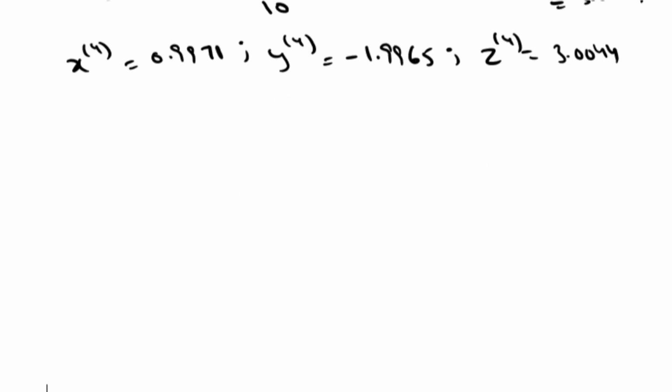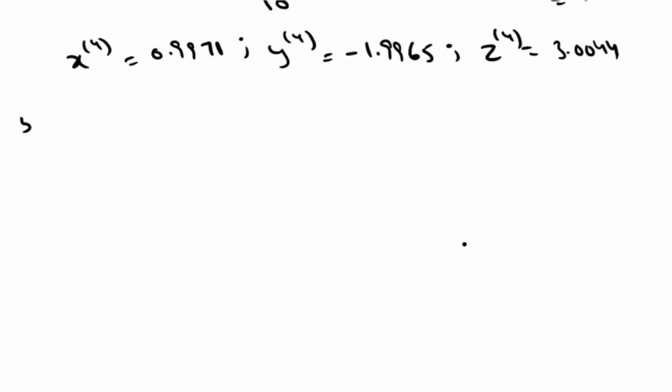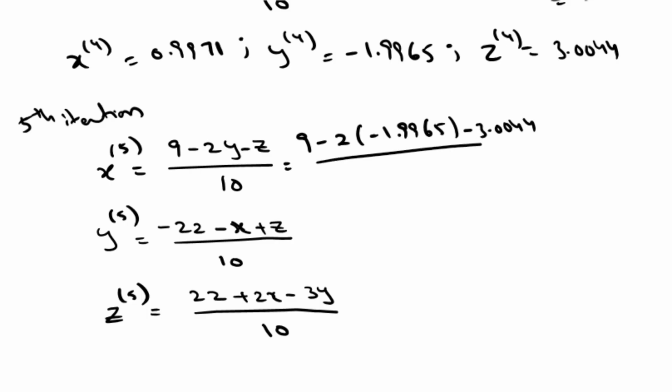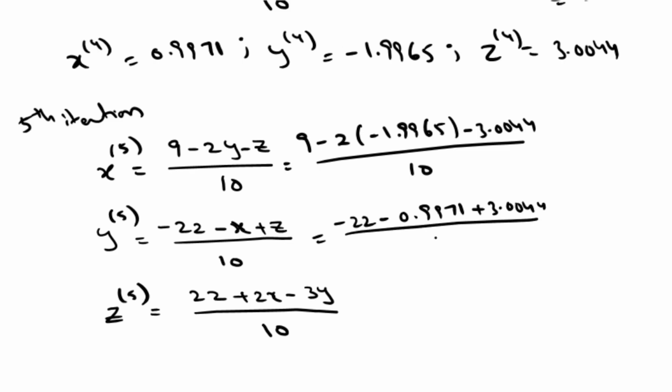Now, by using these three values, we will do the fifth iteration. Using the x, y and z of the fourth iteration, we obtain for x: 9 minus 2 into minus 1.9965 minus 3.0044 divided by 10. For y: minus 22 minus 0.9971 plus 3.0044 divided by 10.